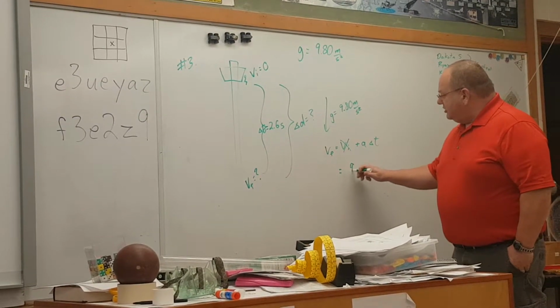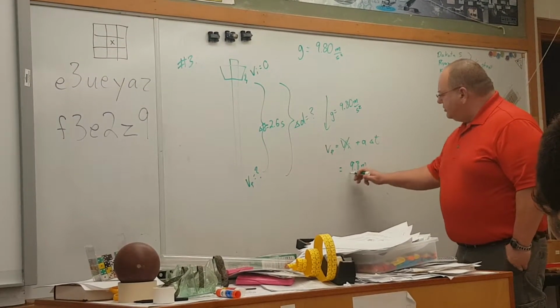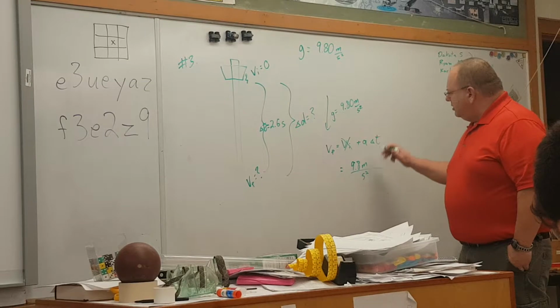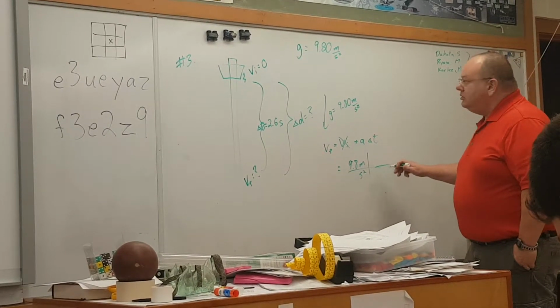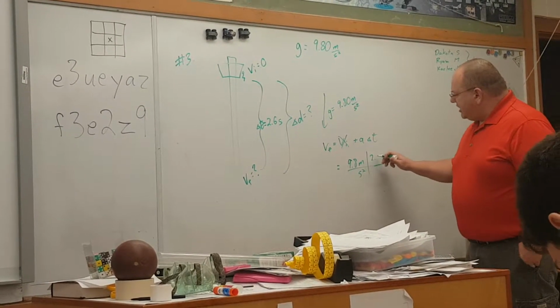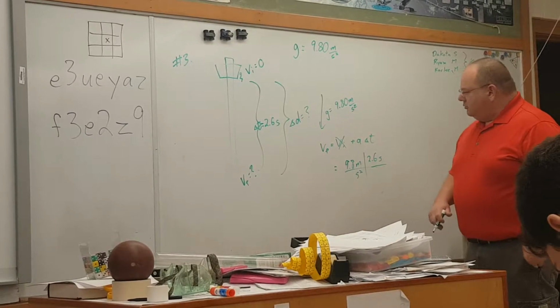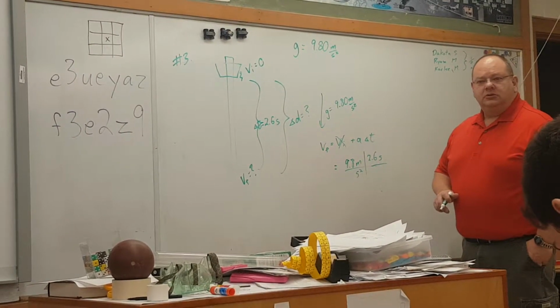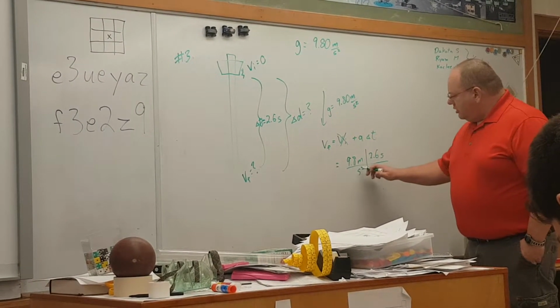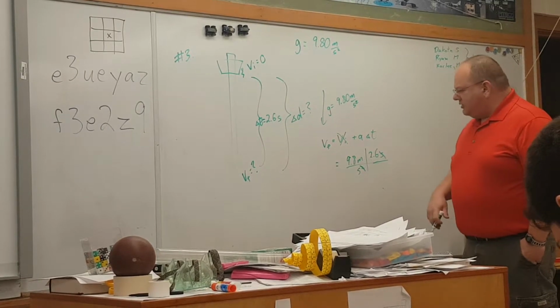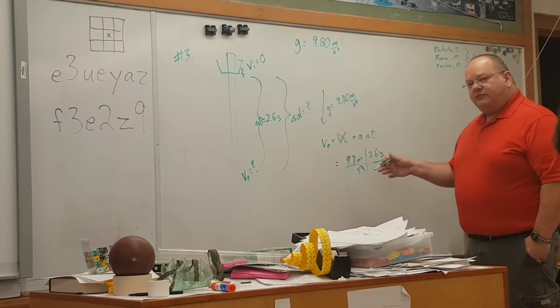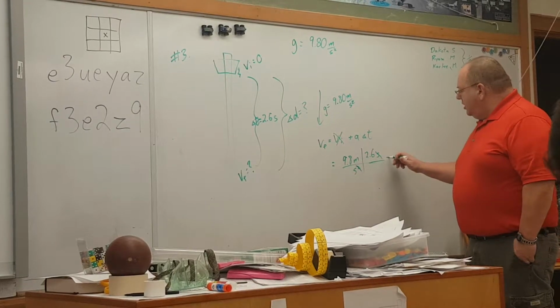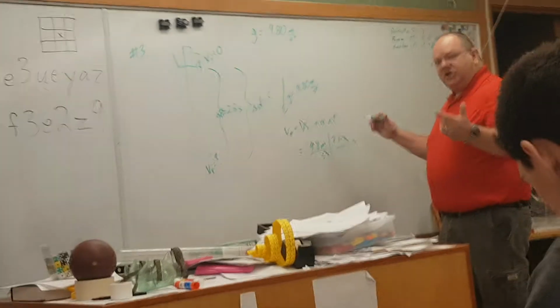So our acceleration is 9.8 meters per second squared times 2.6 seconds, how long we fell. What happens to our labels? One second crosses off, and we're left with meters per second, which is a velocity. Good news.